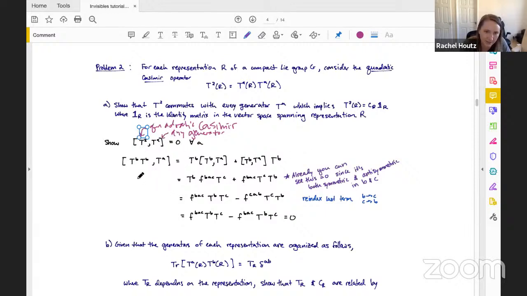Writing out the quadratic Casimir, and now I'm going to change indices. So I'm going to call it TB times TB. You know that this is an internal index that's summed over, so I can call it whatever I want. So this is the commutation relation I want to show is 0. And so then you can use properties of commutation relations to rewrite this like this.